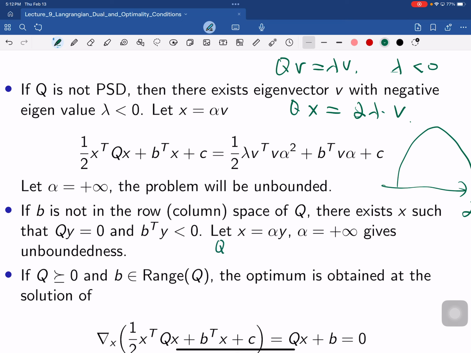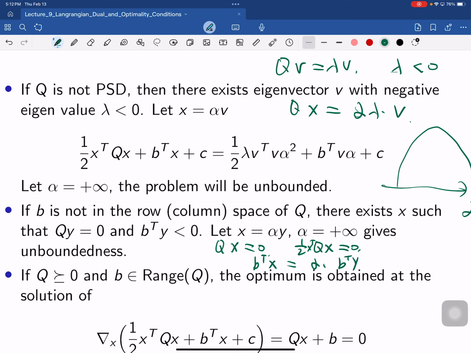Therefore, the quadratic term x transpose Qx equals 0. Now you are left with the linear term b transpose x, which is nothing but alpha times b transpose y. Because b transpose y is non-zero, let's say it's negative, then you set alpha equal to plus infinity, and this problem will be unbounded. That's the second case.